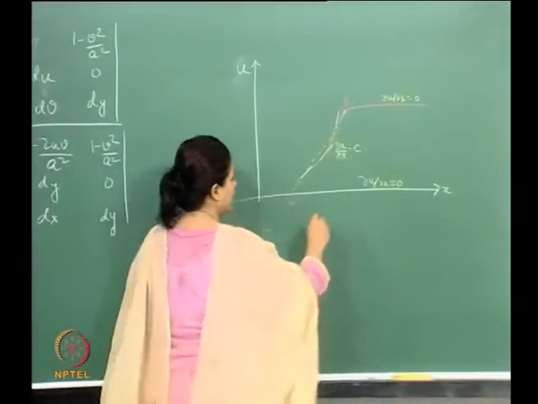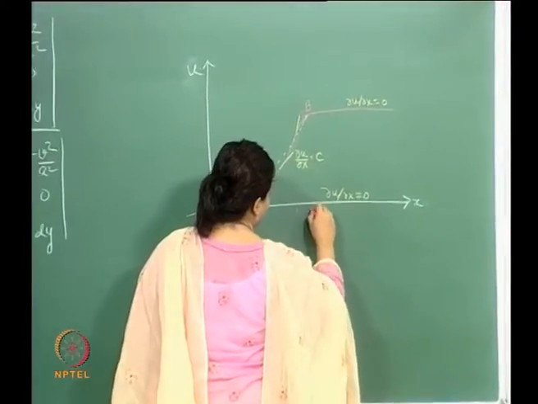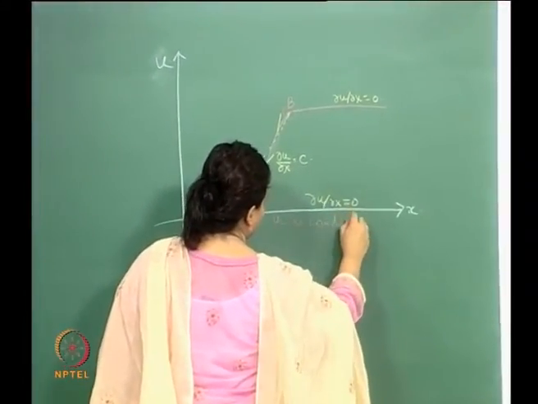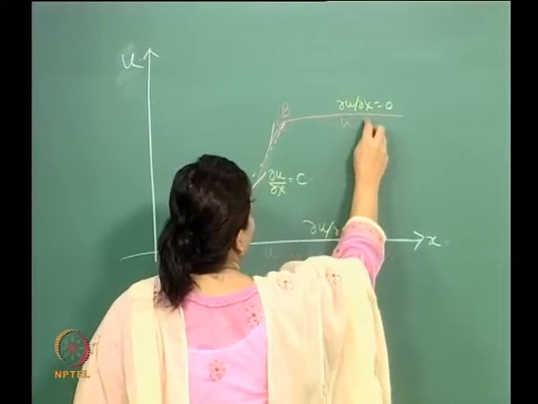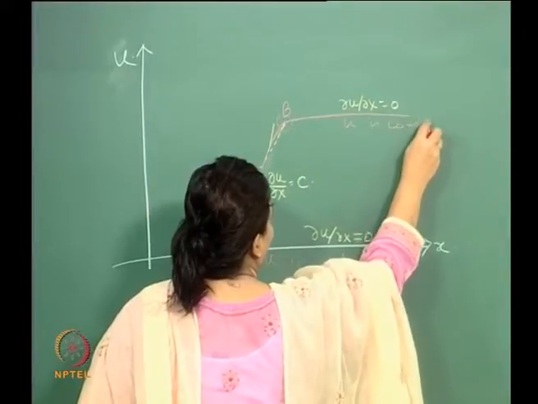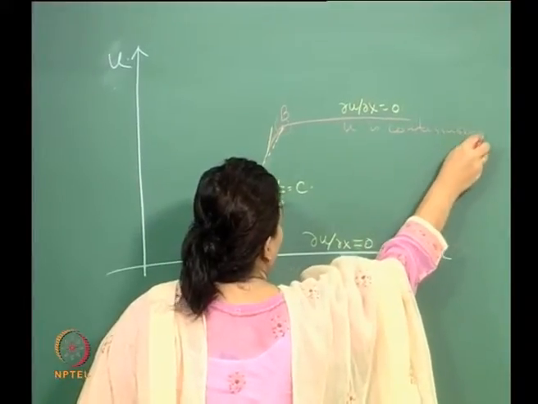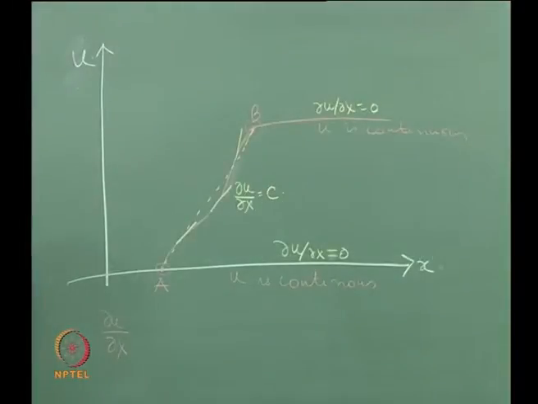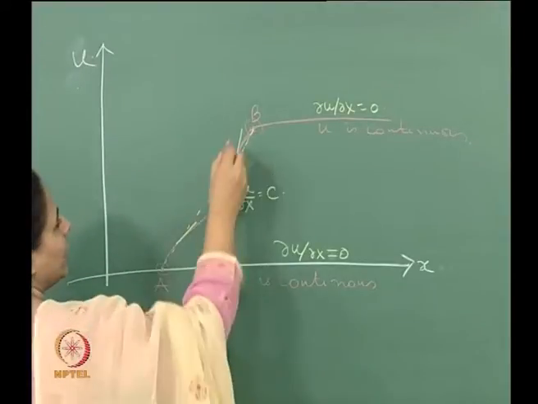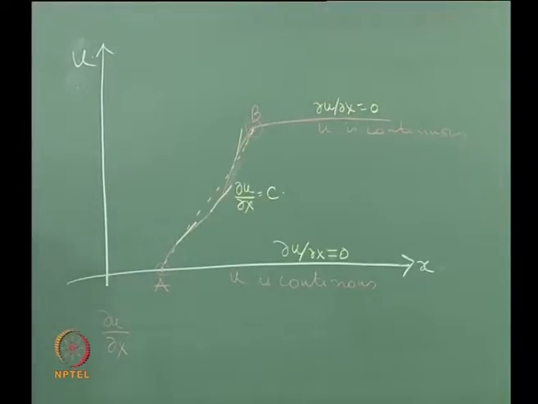So, in here u is continuous, here also u is continuous. At points A and B also u is continuous, but del u del x is not uniquely determined, so it is discontinuous at A and B. However, the value should lie somewhere between 0 and c, is it?